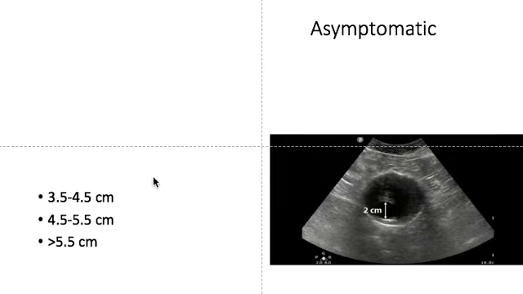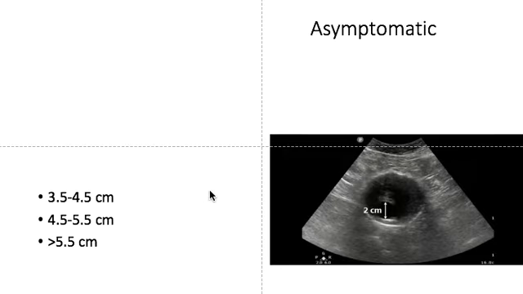And the diameter we are talking about here is the AP diameter. The length is immaterial. You have to look at the AP diameter, which gives the prediction of the chance for rupture. And if it is above 5.5 centimeters, say you have an asymptomatic patient, but the AP diameter is over 5.5 centimeters, then you have to consider elective repair of the aneurysm.